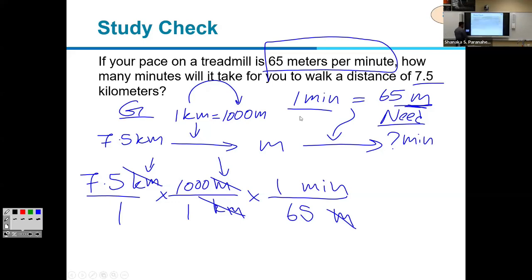What is the calculator value? 7.5 times 1000 divided by 65 is 115.3846.